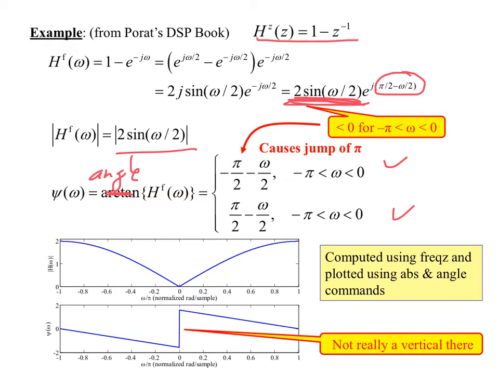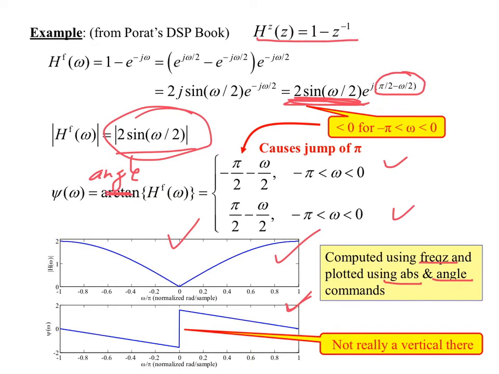And so that's what accounts for this discontinuity. So this is a plot of this part of it, and then this thing down here shows that discontinuity. Now, I computed this using freqz, and I plotted it using abs for this top part and the angle command for the bottom plot.